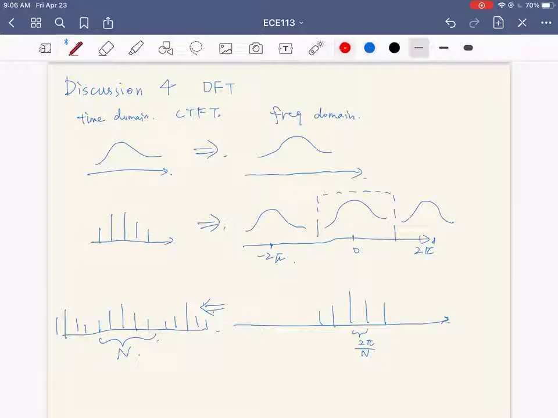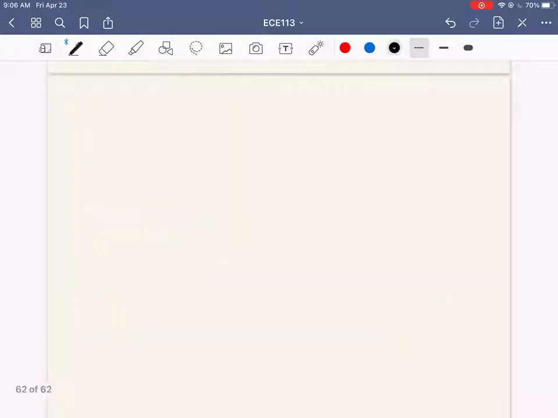And at this step, this is DFT and inverse DFT, of course. All right. So today we'll focus on DFT. So I prepared a question that checks your understanding of the DFT and our traditional analog signal.